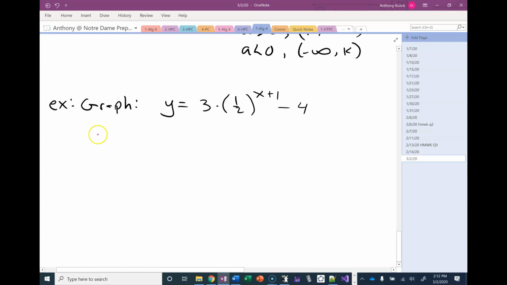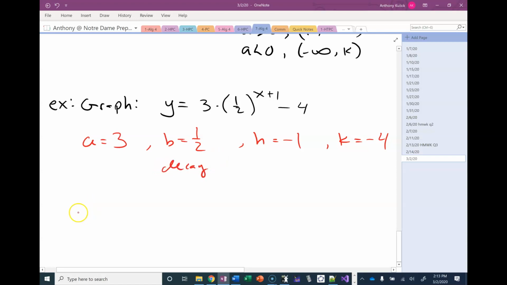So, how do we start? Well, let's list our values for a, b, h, and k real quick, and then we'll make our table. So, what are those values? Everybody happy with that? Is this growth or decay? Decay.